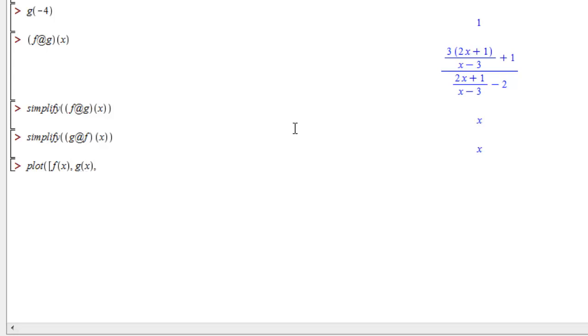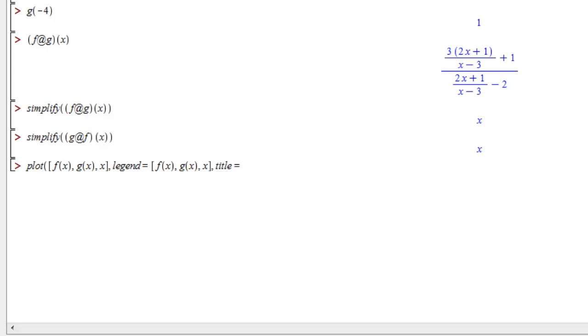And we're also going to plot the line y is equal to x. We're going to give it a legend. So the legend is going to show also f of x, g of x, and y equals x. And, while we're at it, we may as well give it a title.